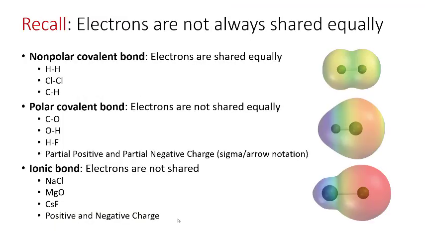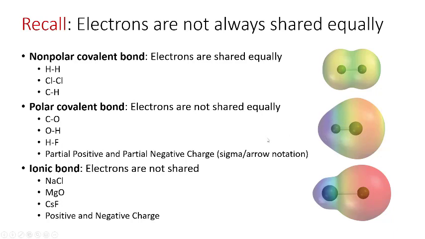Furthermore, we have non-equal sharing of electrons in covalent bonds. You can have non-polar covalent bonds where the electrons are equally shared between the two atomic centers, or you can have polar covalent bonds where the electrons are unequally shared, and the electron density locates itself around the more electronegative atom, and there's an electron deficiency or a partial positive charge around our less electronegative atom.